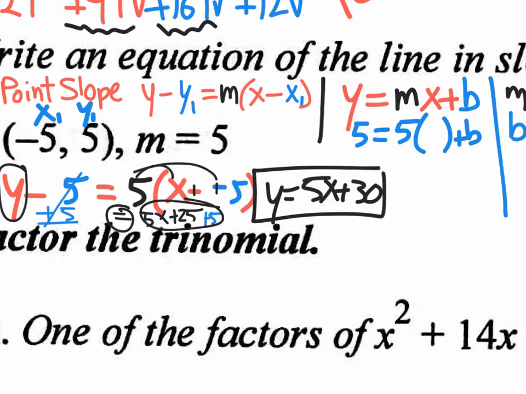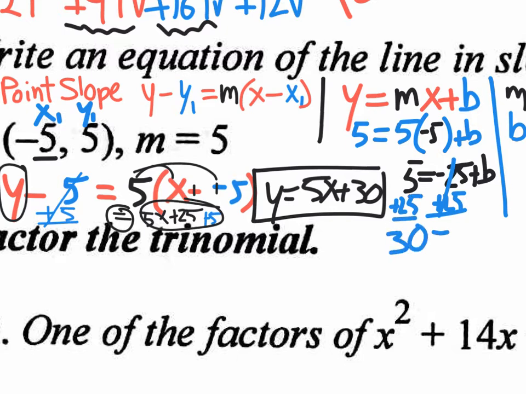Okay? So what is my x value of my coordinate? That's negative 5, right? Negative 5 right there on the x1. So let's plug in a negative 5 right here. So we're going to have 5 equals negative 25 plus b. And of course, we are going to add 25 to both sides, which will thus give us the b value of 30.